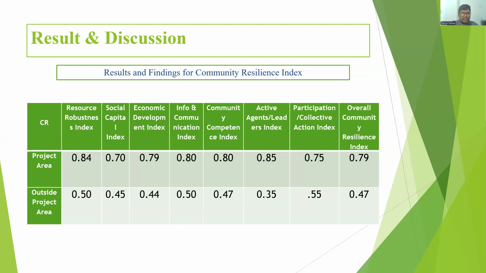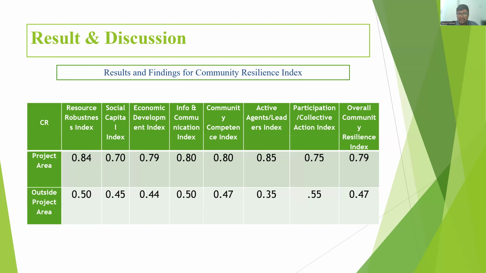Resource robustness in the project area, where the community enterprise approach is present, is 0.84, but outside the project it's 0.50. This is mainly because of how they are using the resources they have in their community. In the case of social capital, we have a score of 0.70 in the project, and outside the project it's 0.45.